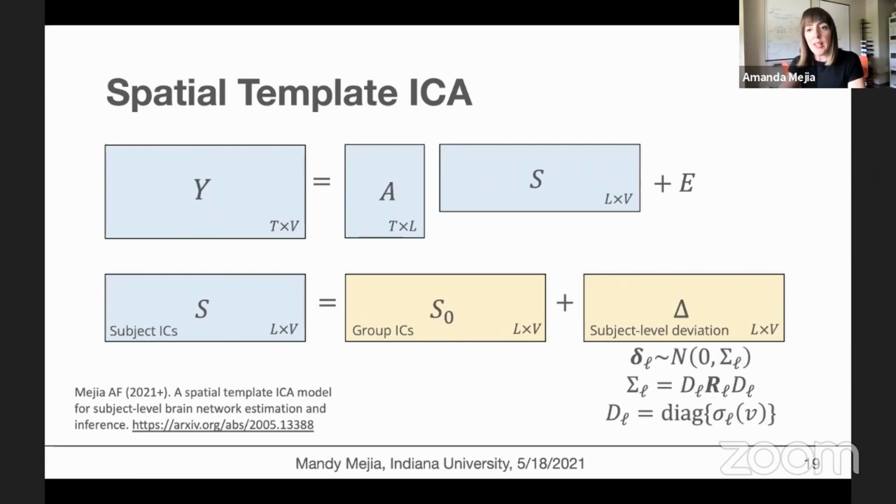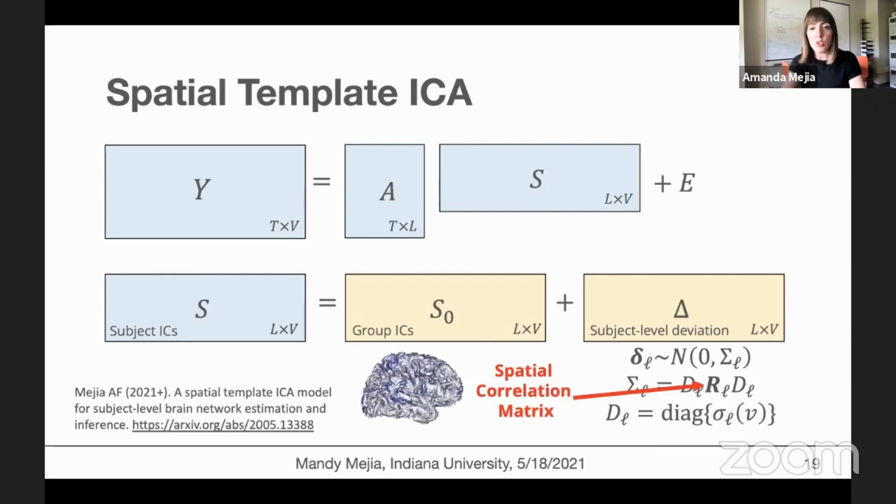Here we relax that assumption and assume a covariance structure sigma, where R represents a spatial correlation matrix and the D's represent the template variance that we've estimated. This represents correlations due to spatial dependence along the cortex, and it is described in a paper currently available on arXiv.